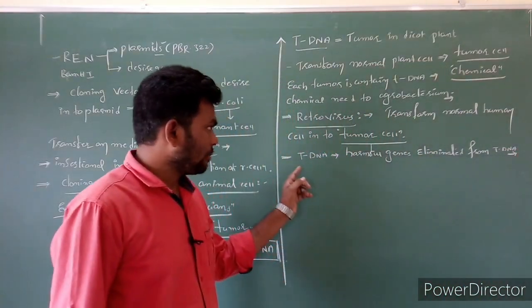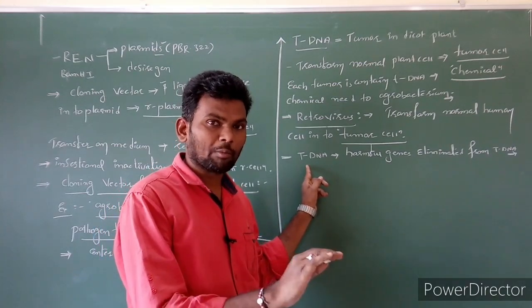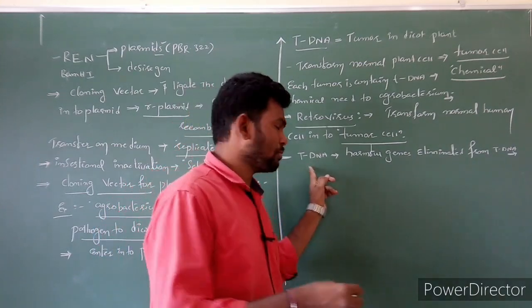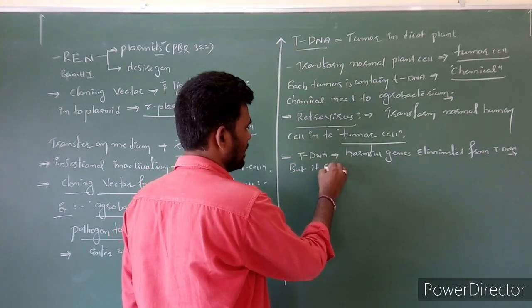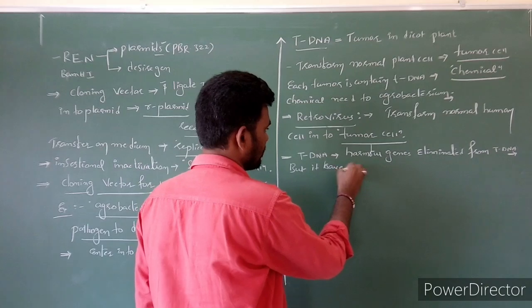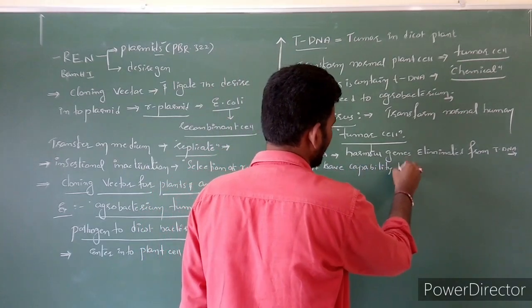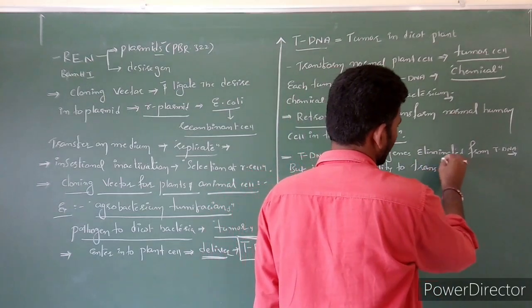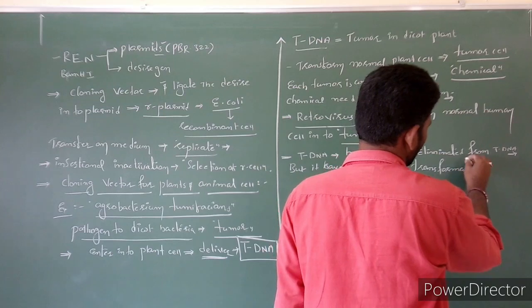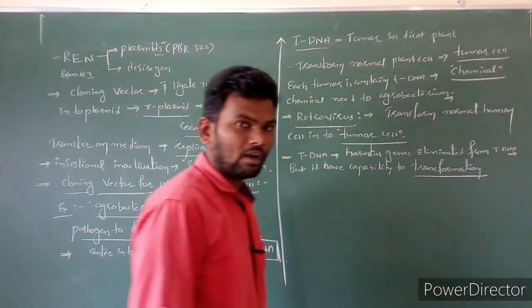So now this Agrobacterium containing tDNA is not harmful to the plant, but it has the capability to perform transformation. Got the point or not?